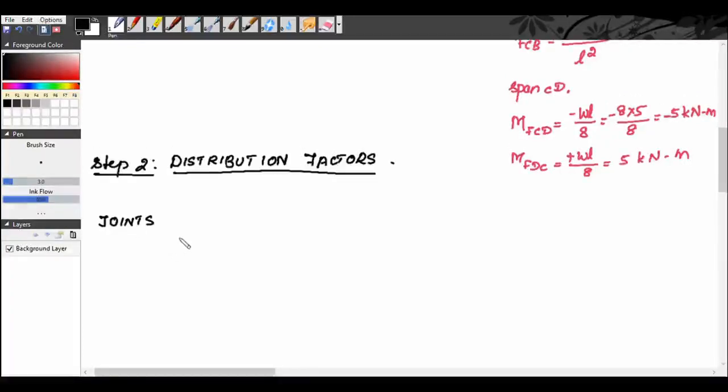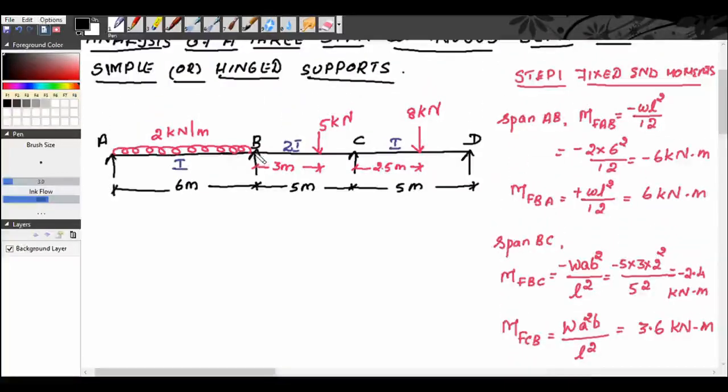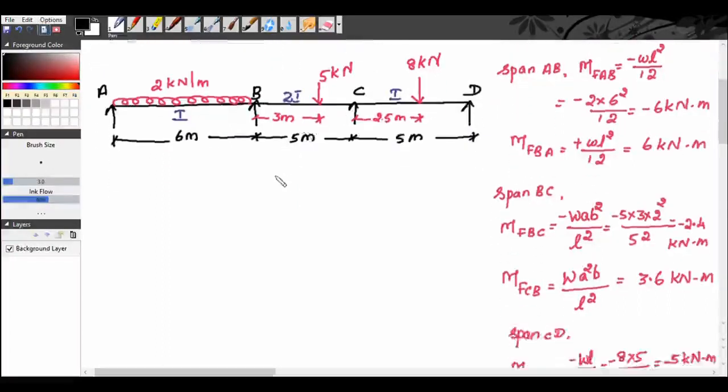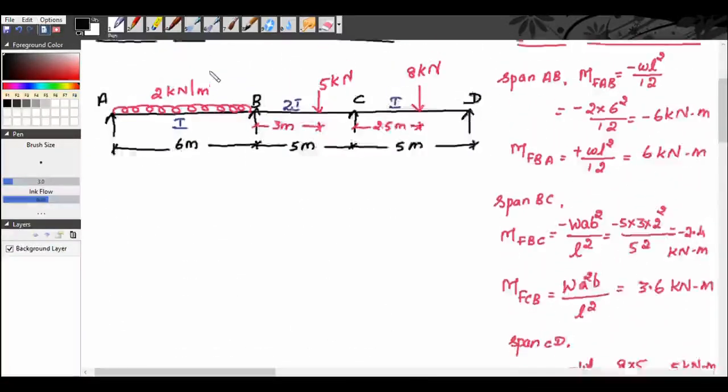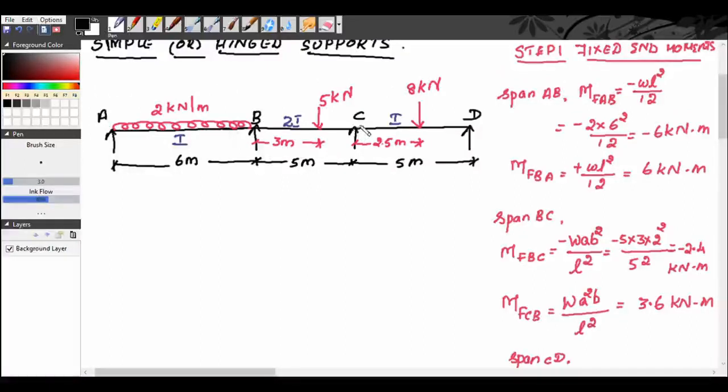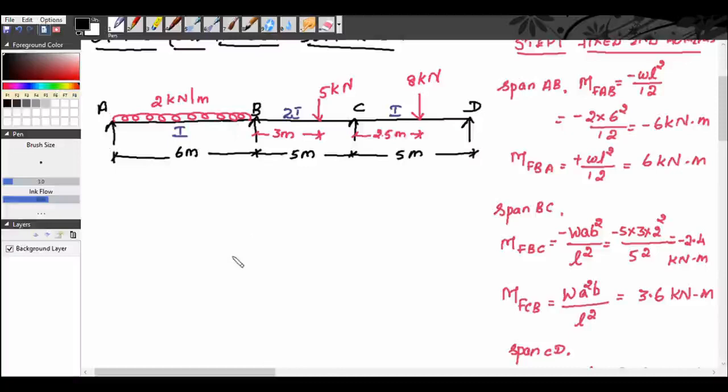We have 2 joints, B and C. At B we have the members BA and BC, and at C we have the members CB and CD.